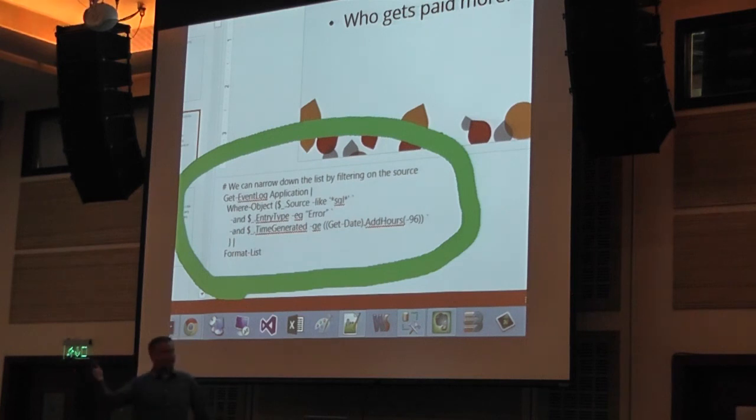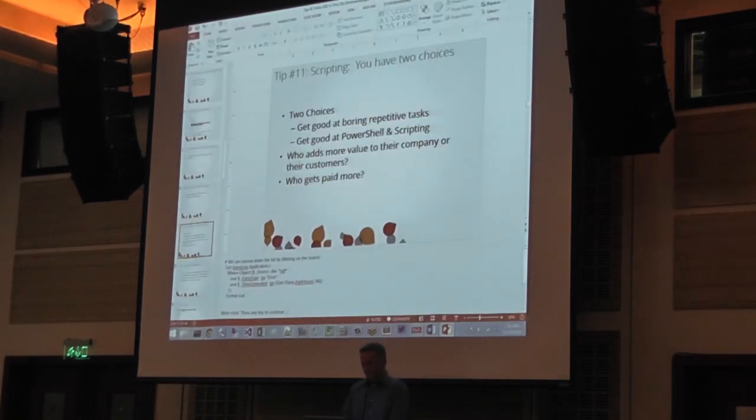Tell me events out of the event log, that's right. Look for an error within the last 96 hours. So I want to know this week if there were some errors for SQL. How often have you opened up the event log and done that? You don't care about the other 5 million messages there. You just want to know whether there was a SQL error.